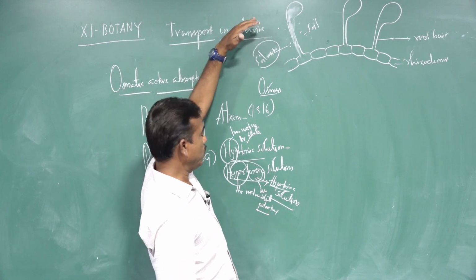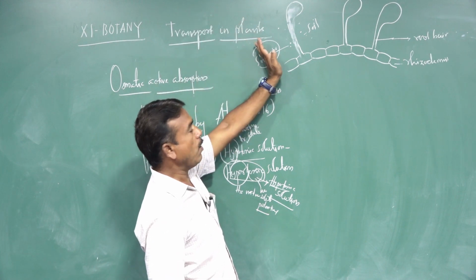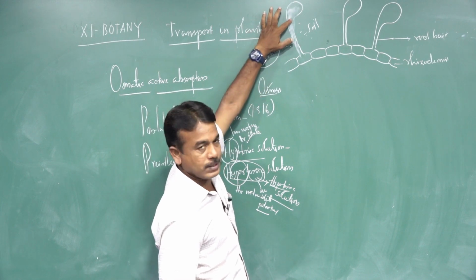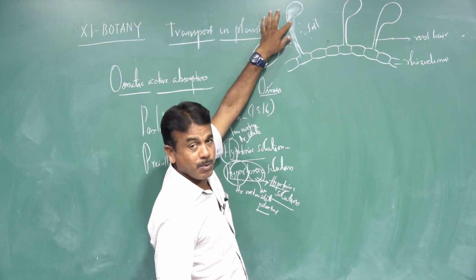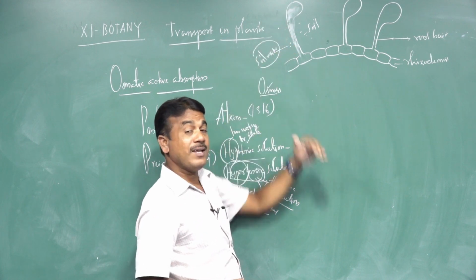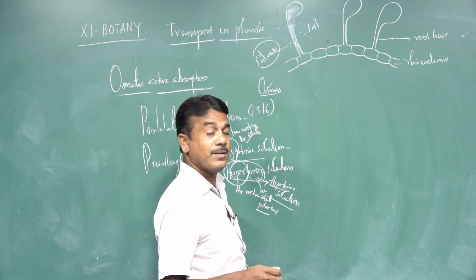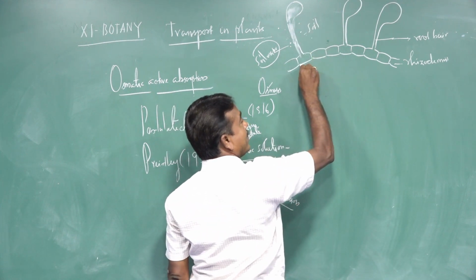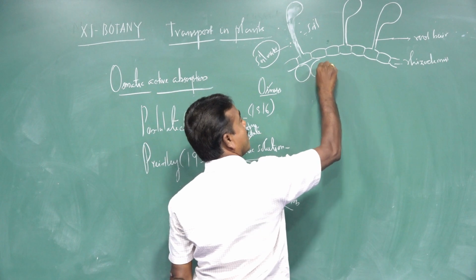So what I am saying is that the water molecules diffuse from outside and enter the sap, which becomes a hypotonic solution. When this happens, the water enters the cortical cells.